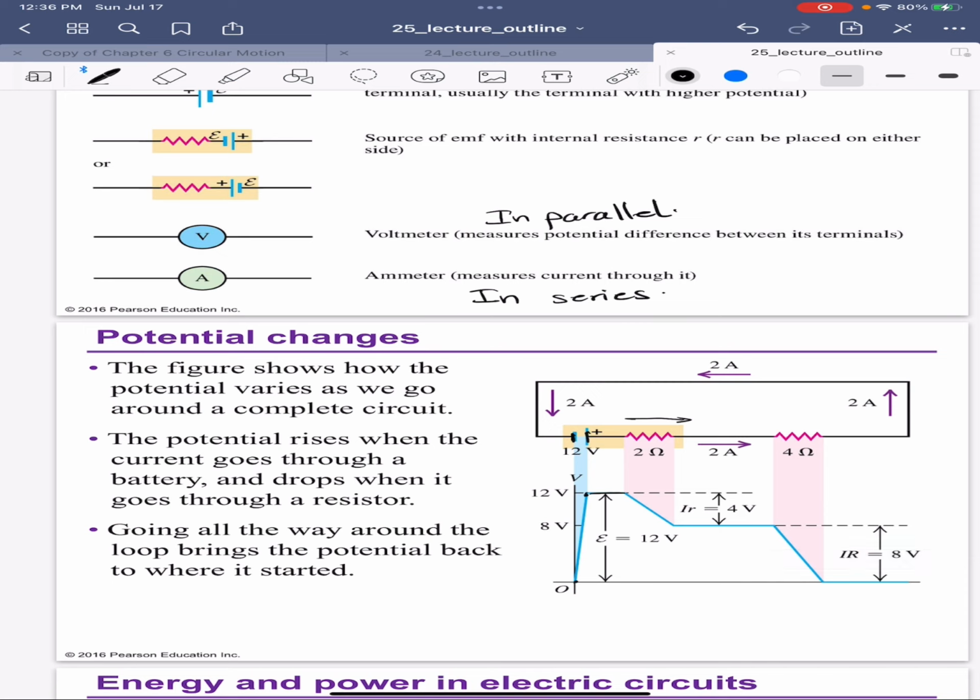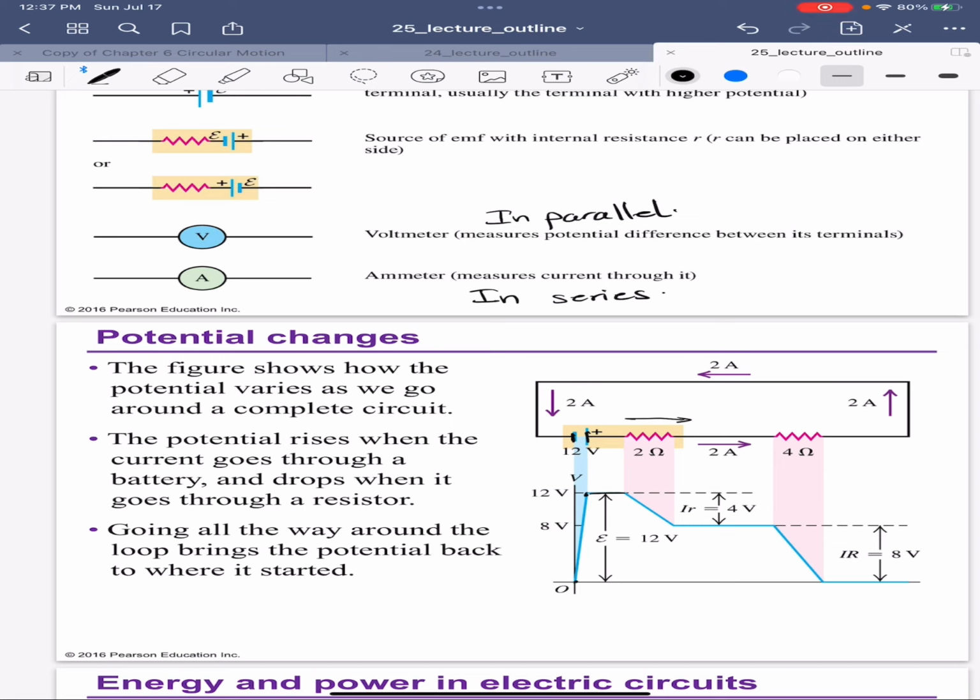This is the internal resistor of the circuit, the drop is IR, which is 4 volts, because the resistor value is 2 and the current is 2, and 2 times 2 is 4. Then this is another resistor, the external resistor in the circuit. It has 4 ohms and the current is 2, so it drops another 8, and we go back to 0.